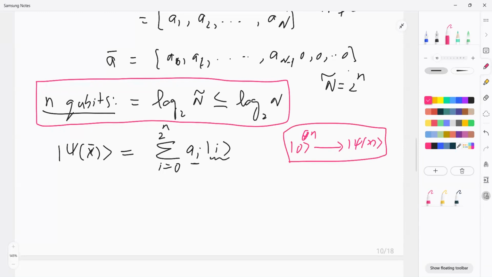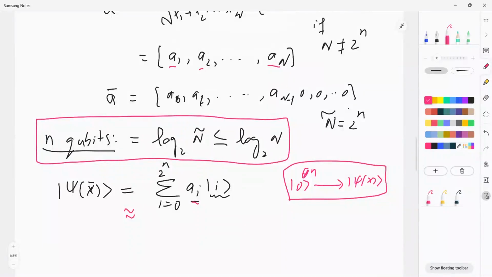So the circuit depth is actually really huge, but we can reduce the depth by approximating it. And in Qiskit, we can easily just use the initialize command and give it this amplitude vector. And with this initialization, we can initialize to this state psi of x approximately with these amplitudes. Okay, so circuit depth is not very good for amplitude encoding, but the number of qubits is really nice.